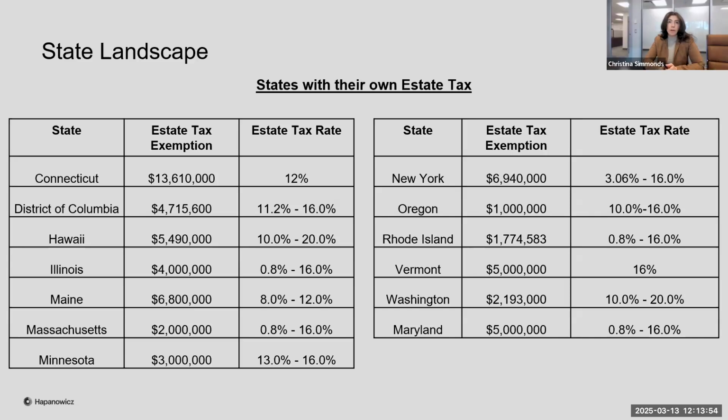Now, if in Oregon, let's use Oregon again, the total net worth or the total value of the estate is, let's say, 30 million, then that means that estate will have to pay federal estate taxes as well over whatever limit the federal limit is.